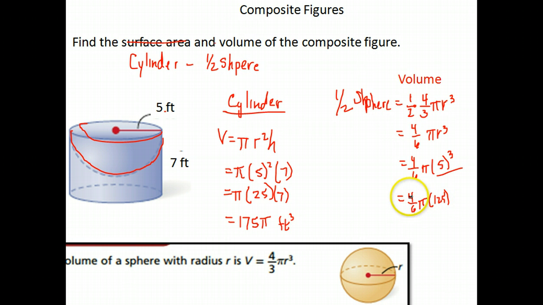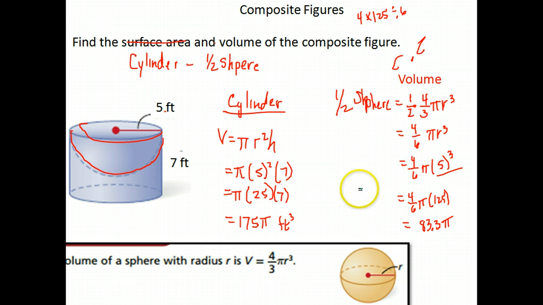Finally, we want to calculate 4/6 times 125: 4 times 125, then divided by 6. When we do that, we get 83 1/3, or 83.3 pi.